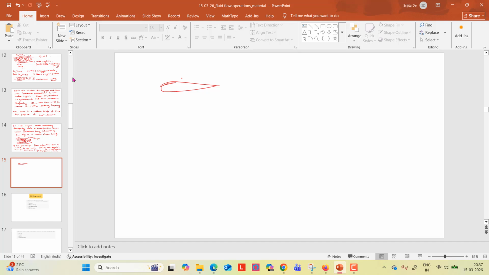This is called streamline. Now you can see the pressure drag is at this point and the whole region is under shear drag. So fluid is going like this.